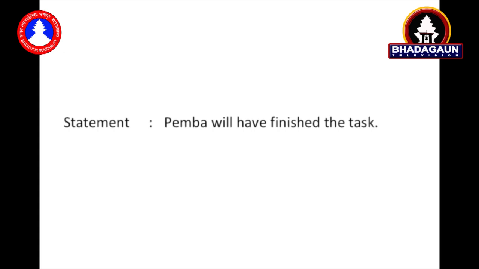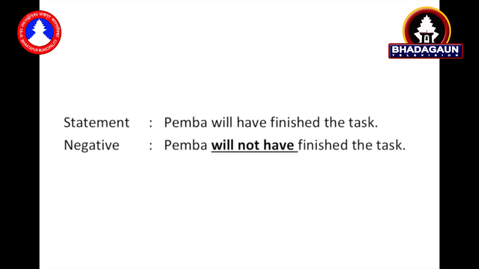This is in future perfect tense. And what is the negative? Where do we add not to make this sentence negative? And which auxiliary do we place before the subject to make a yes/no question? Okay, let's see the example. Pemba will not have finished the task.